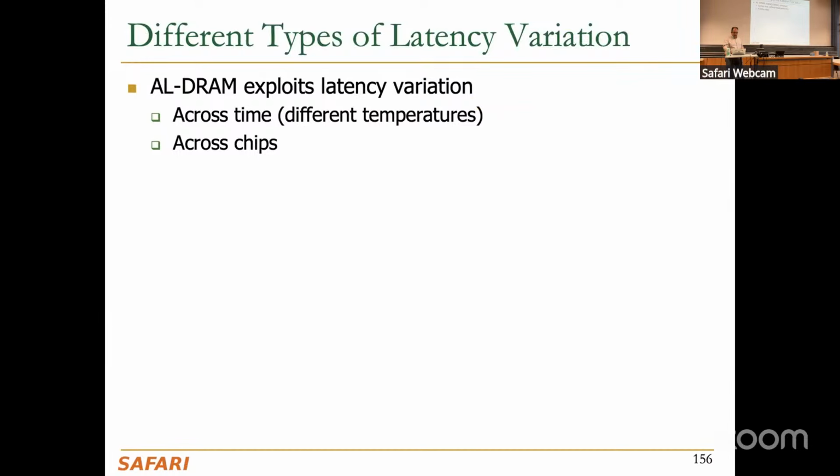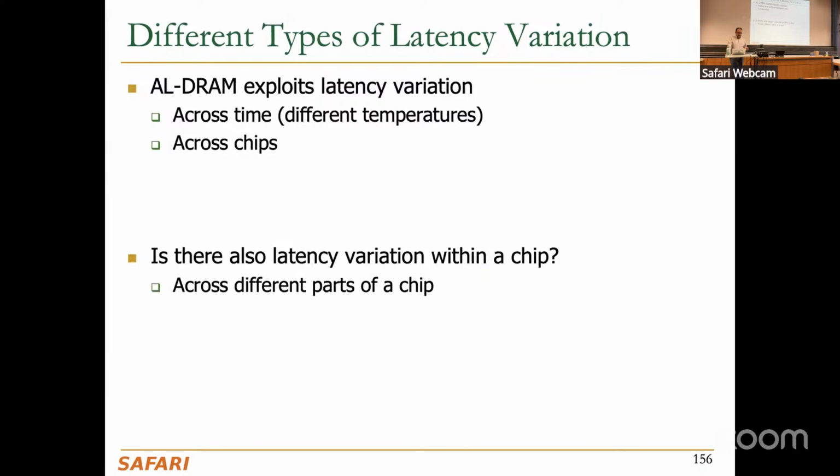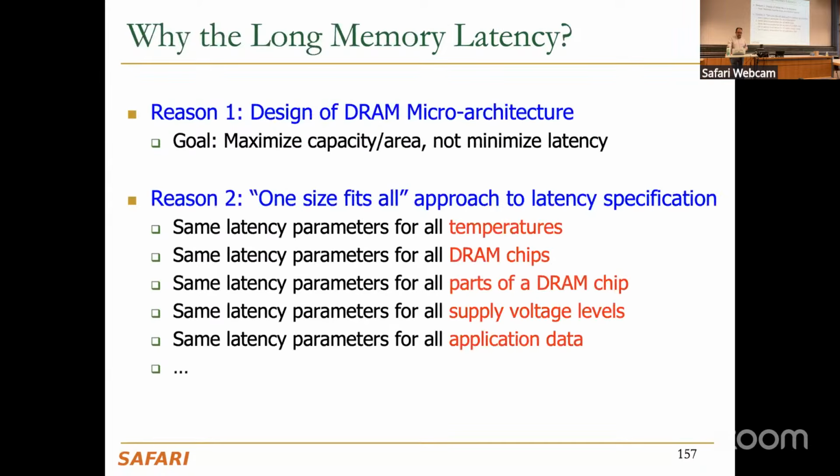Let me see. I will continue a little bit until I get to a nice cut, and then we can depart. So ALDRAM exploits latency variation across time and across chips. Now the question is, is there also latency variation within a chip? We already know that, yes, across different parts of a chip we have different latencies.